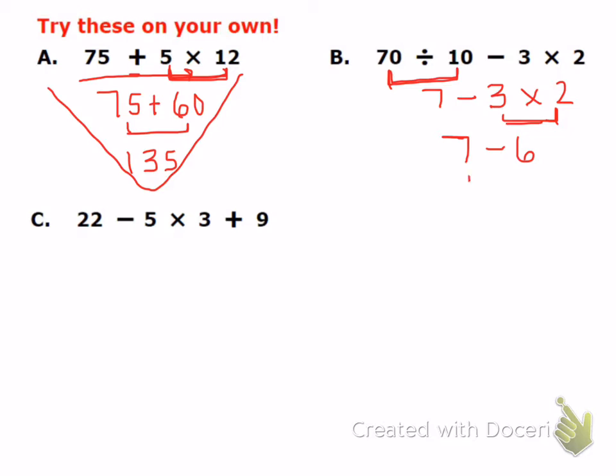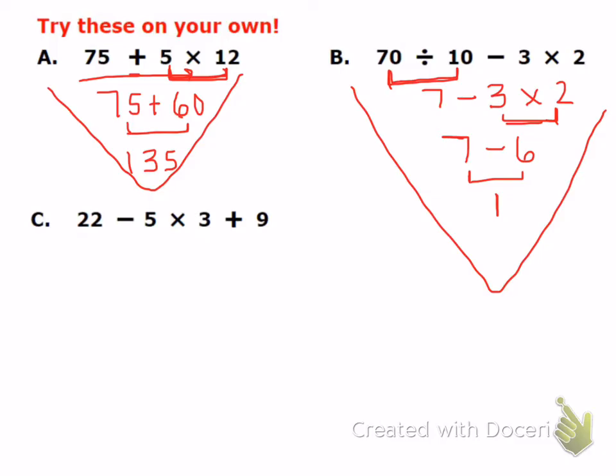Rewrite the whole problem, and I'm left with 7 minus 6, which is 1. So you're going to find a lot of the time that in that last step, the addition and subtraction, you end up with one operation left anyway. So that's what you have to do. All right, so now please try C on your own. And then when you're done, you can put your answer in. And we'll move on and check your answer.